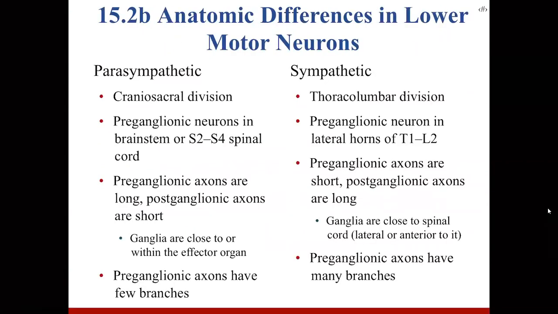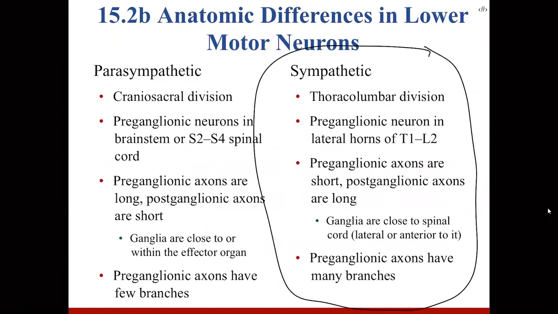So the sympathetic, right? If we go to this slide, the basics are that it's coming from the thoracic and the lumbar part of the spinal cord. This kind of sums this up.